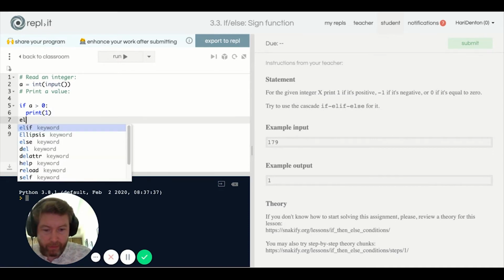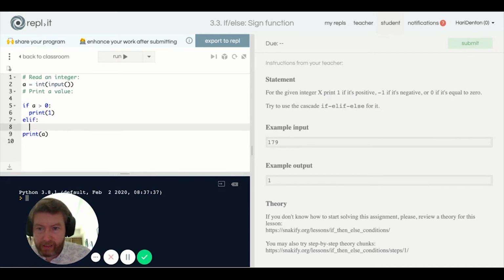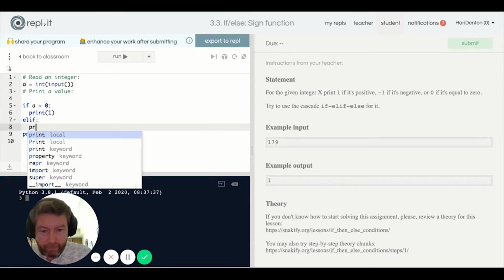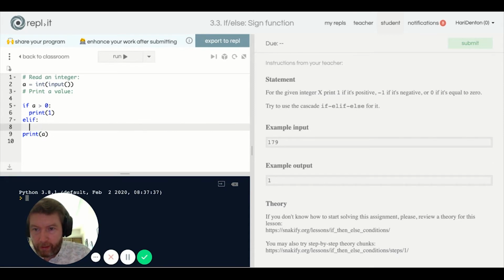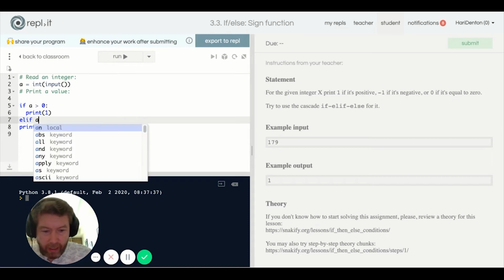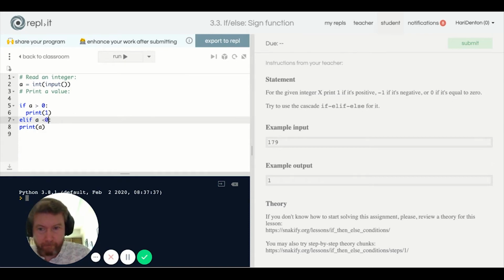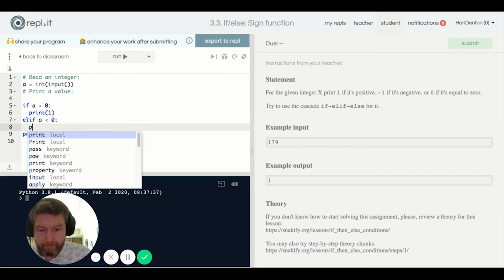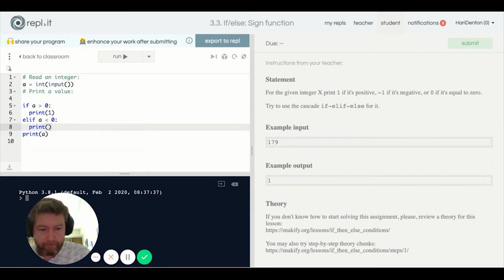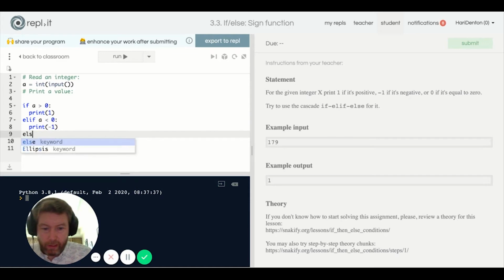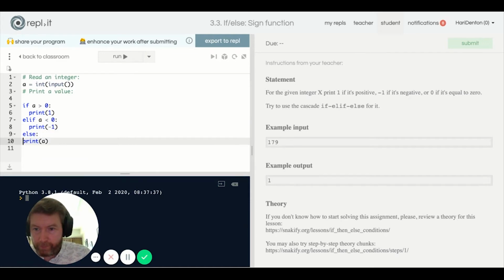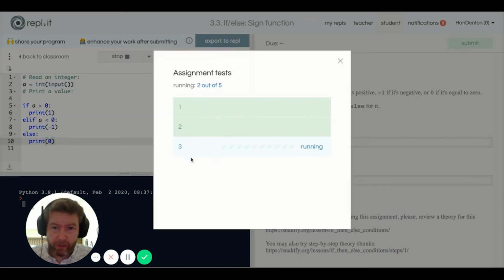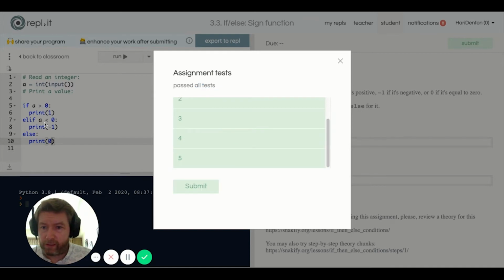It's else if, but it's written elif. Elif A is less than 0, print -1. Else print 0. All right. I think that's right. So it's either going to be positive, negative, or it's going to be 0. Greater than 0, less than 0, or equal to 0.